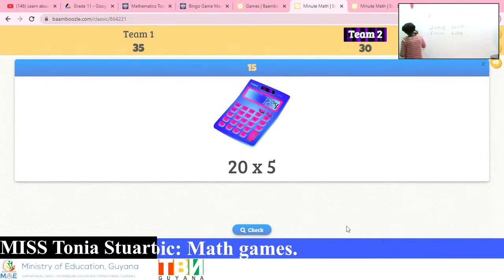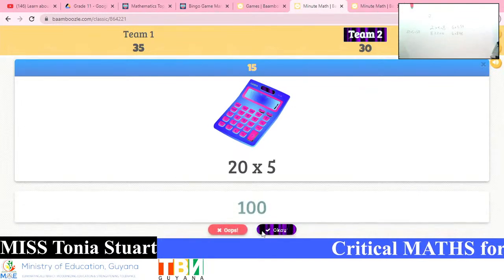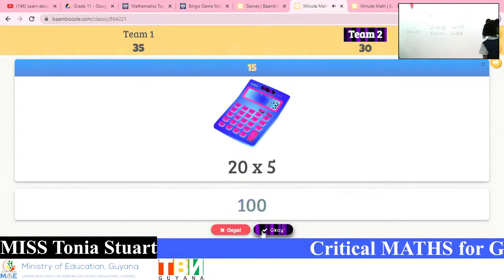Twenty multiplied by 5. Azaria, you want to take your place? All right. Stay there. Let's see if you're correct. 20 by 5. 100. Right?